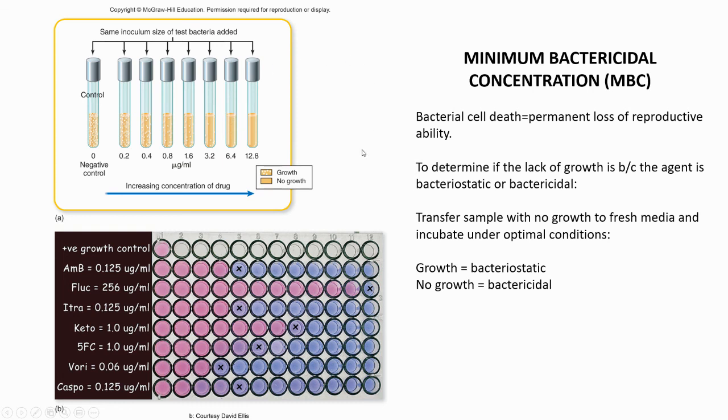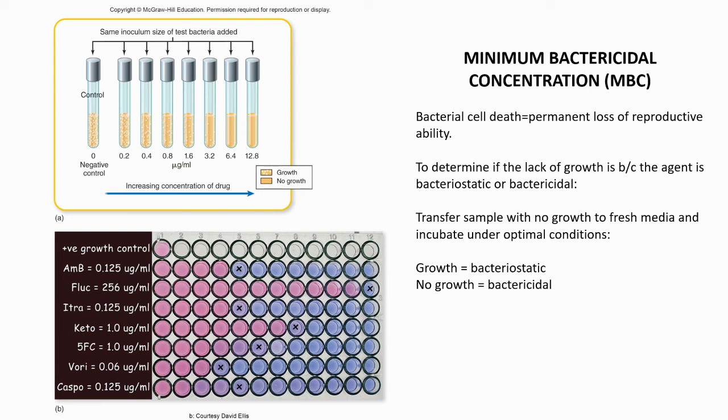I'm going to transfer it to fresh media that doesn't have the inhibitory agent, that doesn't have the antimicrobial, and I'm going to give it its optimal conditions and incubate and grow. If it grows, then I know that concentration was only bacteriostatic. It was the minimum inhibitory concentration.